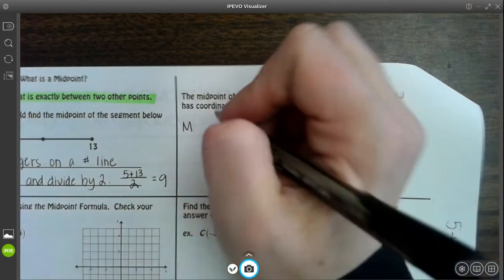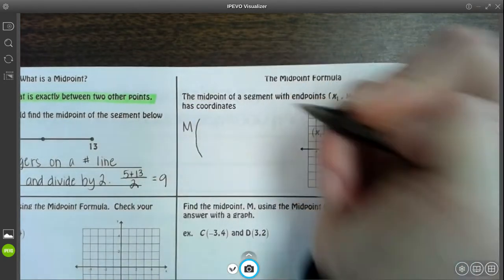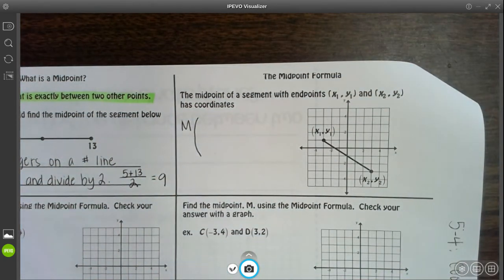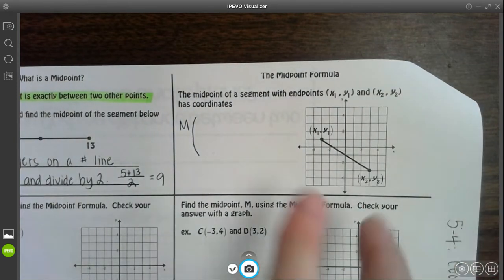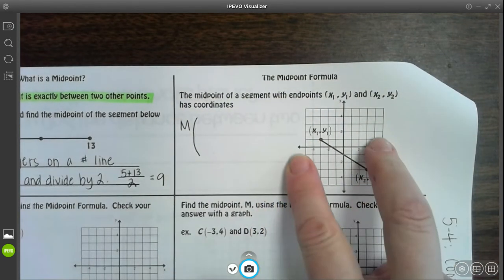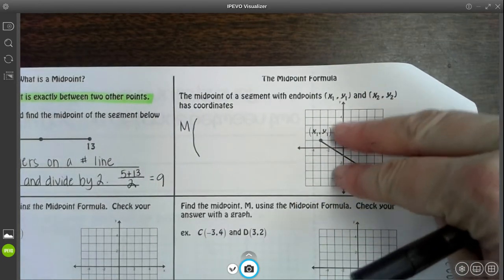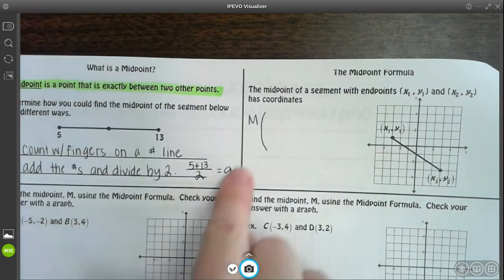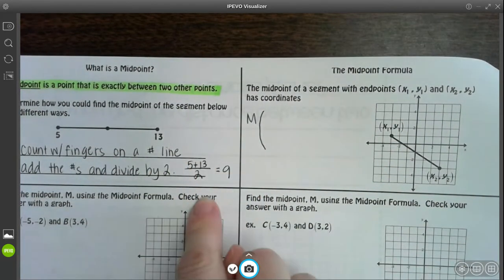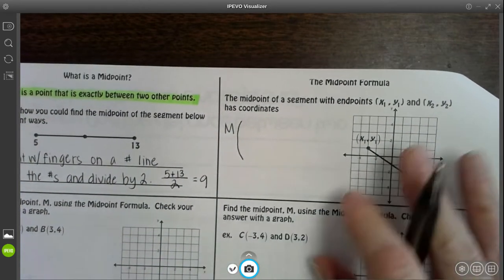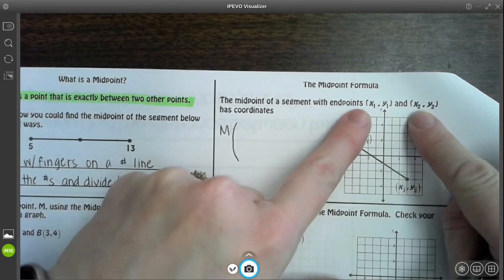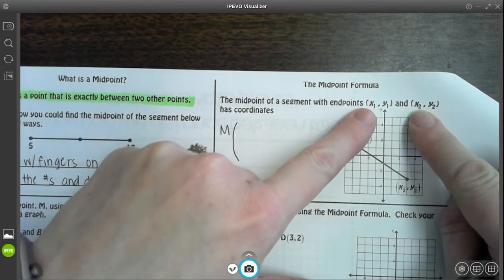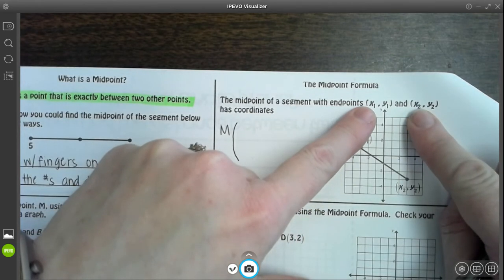I'm going to use a capital M for midpoint. To find the midpoint, when it's a diagonal line like this, we really want to find the middle of it horizontally and the middle vertically. So we're going to use this concept of averaging the numbers to come up with the midpoint formula. If we're finding the average of the horizontal component, the horizontal letters are the x values.